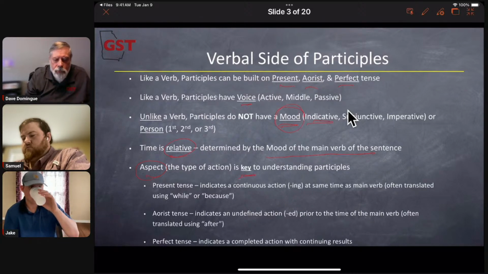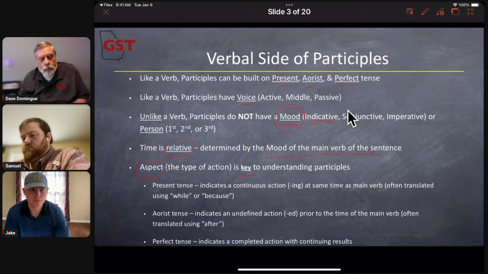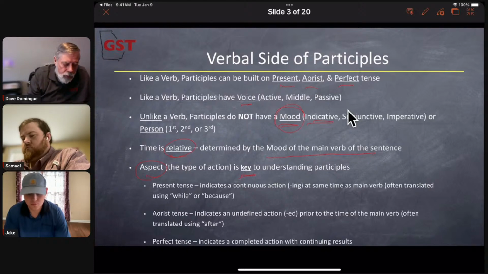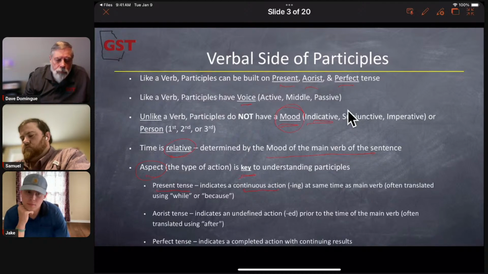Understand that a participle is never, never, never the main verb of the sentence. It can modify the main verb, or it can modify another noun or pronoun, or it could stand in place of a noun or pronoun, but it's never the main verb. A participle in the present tense is generally going to be a continuous action, what we'd call imperfective aspect, an ongoing kind of action.